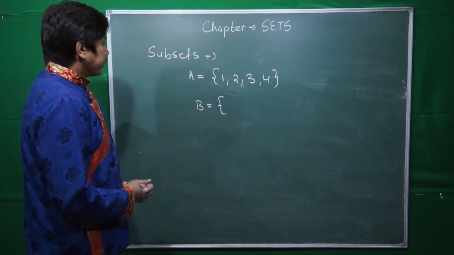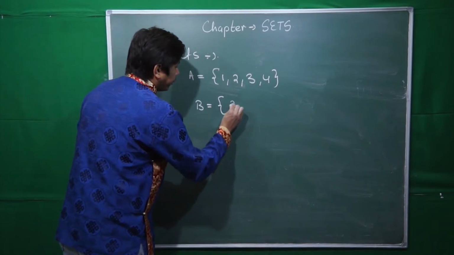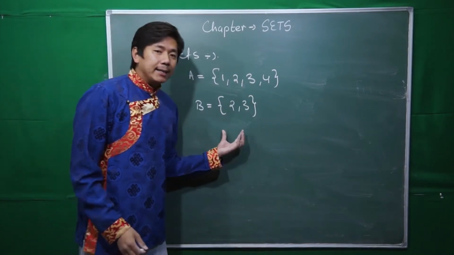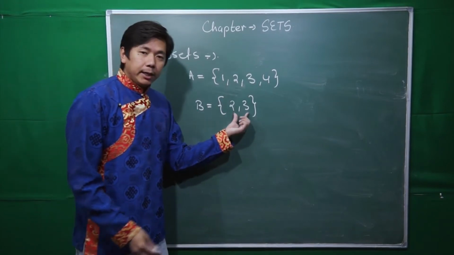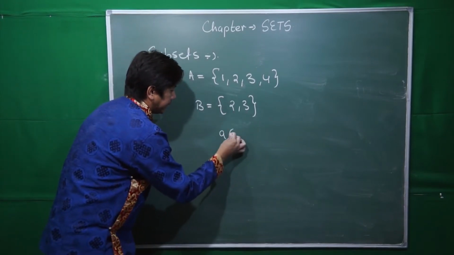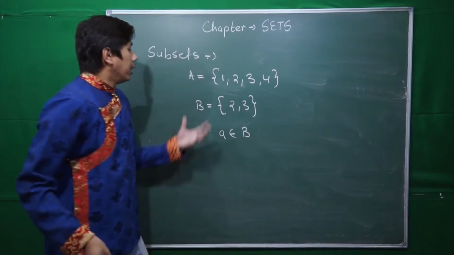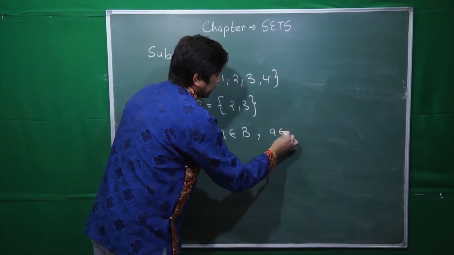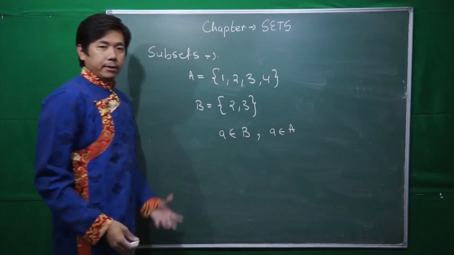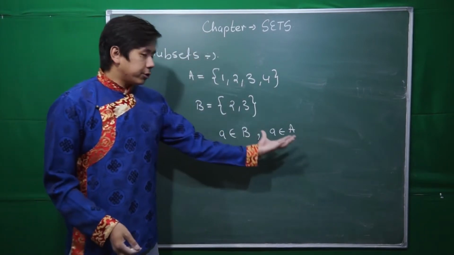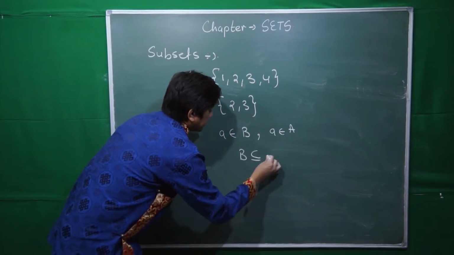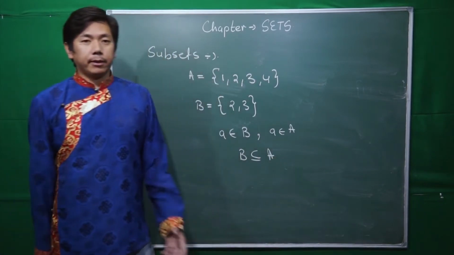All right. So, for example, if I write 2, 3, then we can clearly see that the elements that belong to B also lie in the set A. Since this is true, therefore, B is a subset of A.